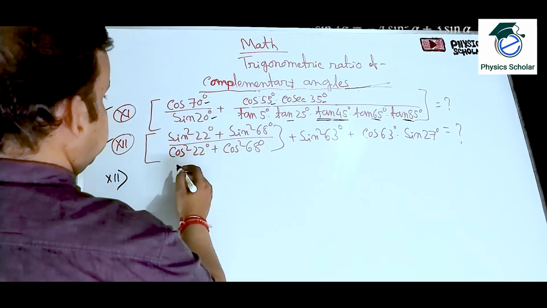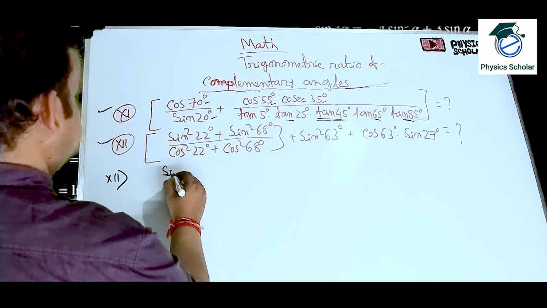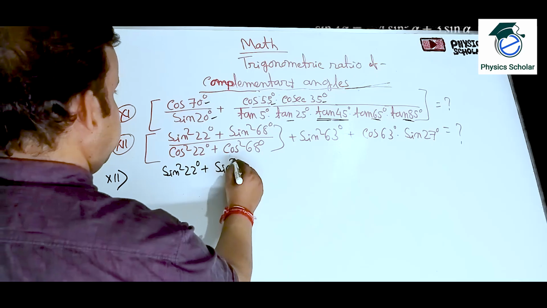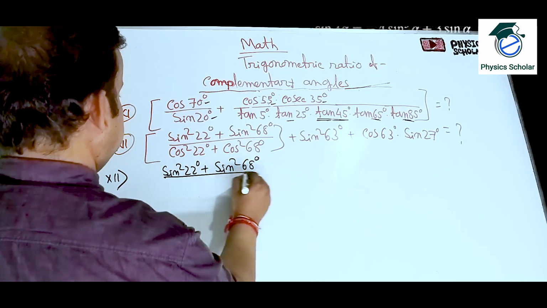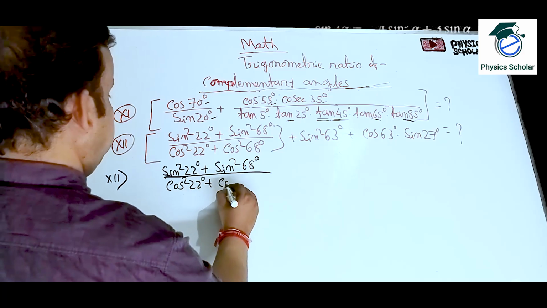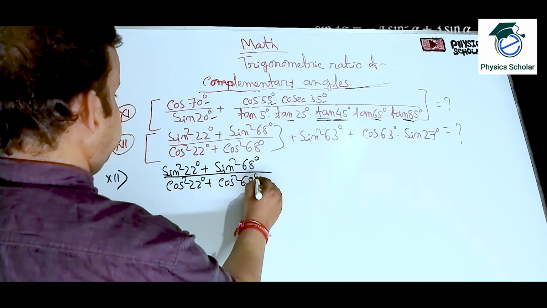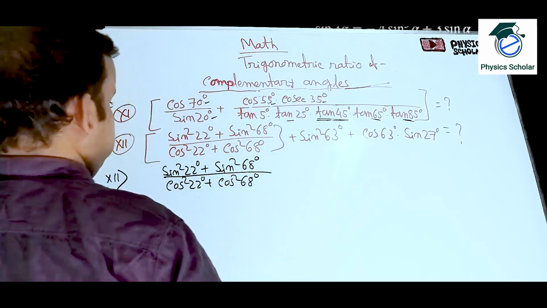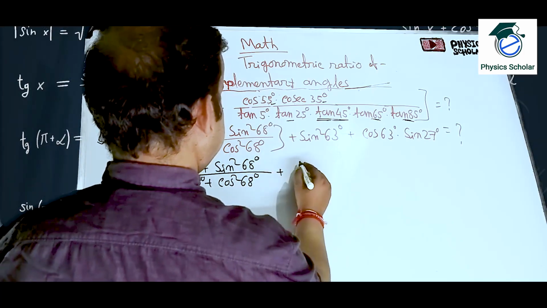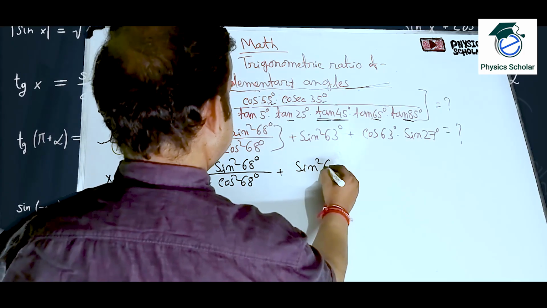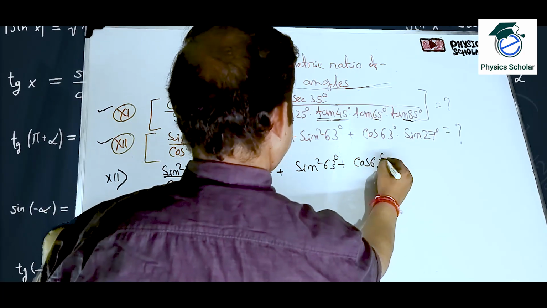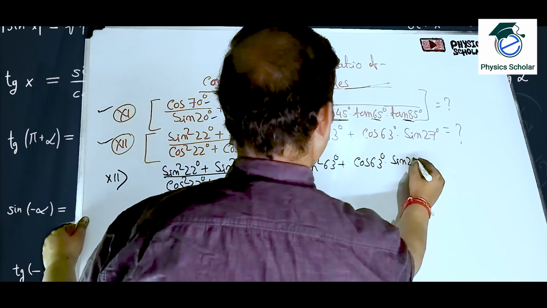Now it is given: sin square 22 degree plus sin square 68 degree, divided by cos square 22 degree plus cos square 68 degree, plus sin square 63 degree plus cos 63 degree into sin 27 degree.